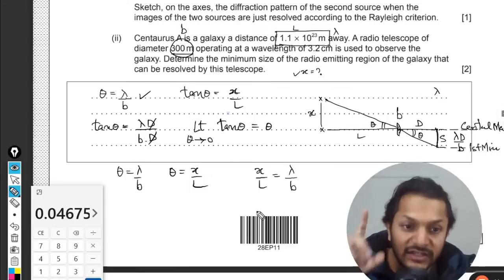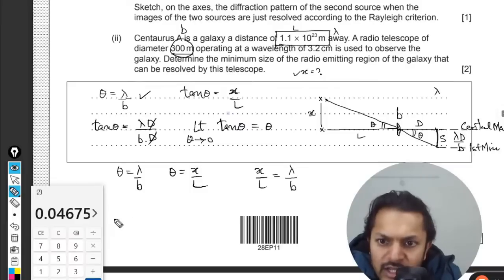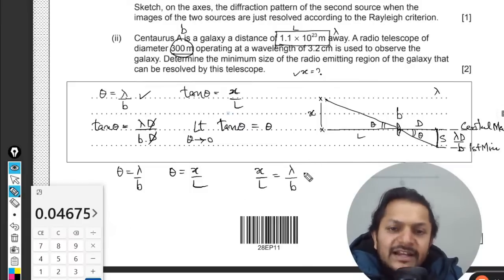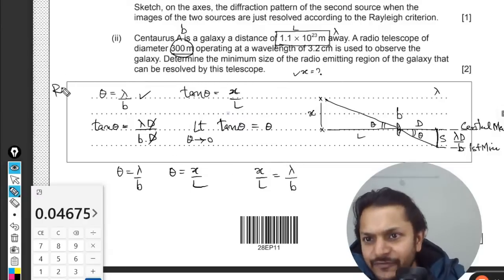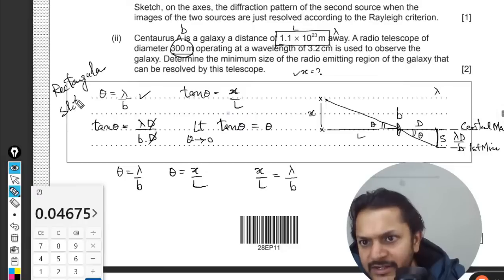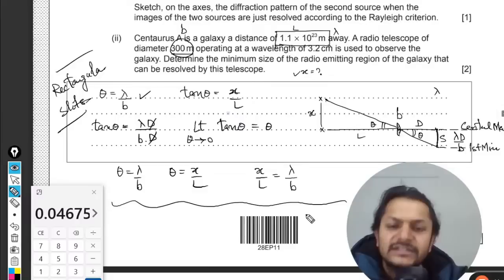But there is another factor which is 1.22. I forget that. Just listen to this now. This formula is correct, but it is correct only for rectangular slits. Everything is fine up to this, but we are using a circular aperture.